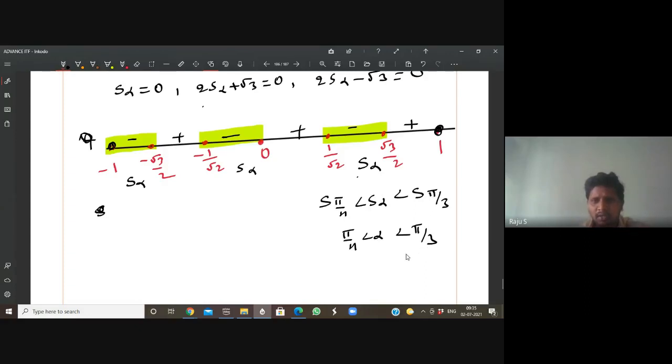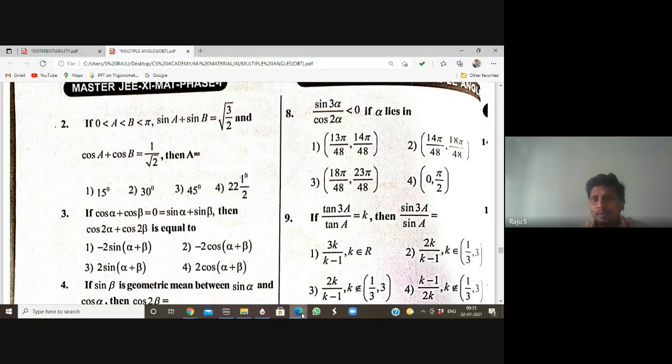Then here I want to do one thing. I want to multiply here. Because according to the options, what are the options? They have 48 in the denominator.